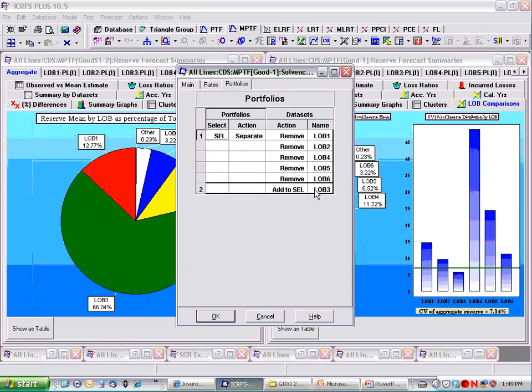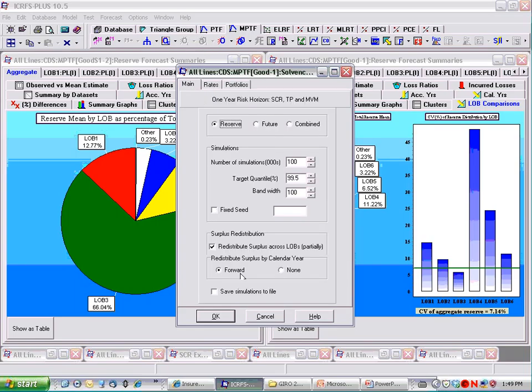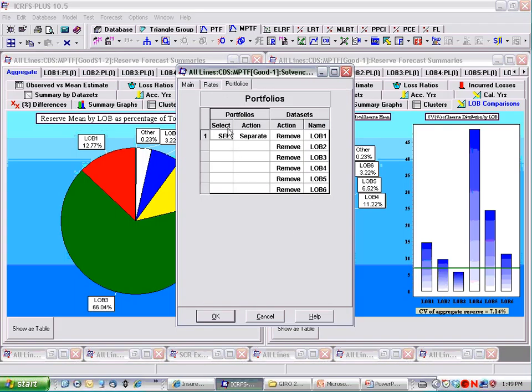I clicked on the wrong one. Add to selection. So let's put that there, and now let's add LOB5 to LOB3. So now I've got two portfolios, LOB3 with LOB5, which are fungible with each other but not fungible across to this other portfolio that I've labeled 1. So I can set up separate portfolios. But let's go back and very quickly make them redistribute surplus across LOBs, so now we only have one portfolio.